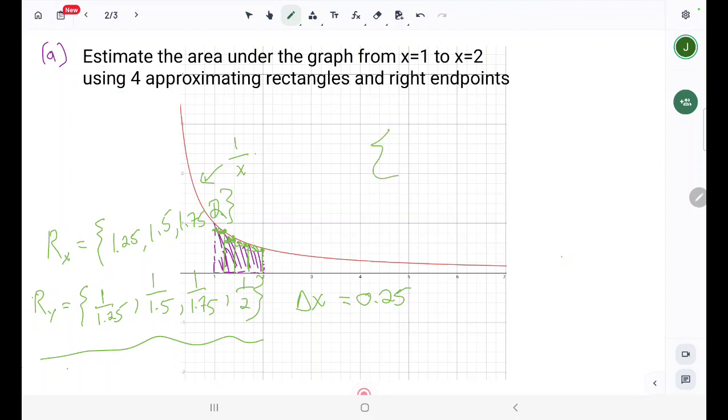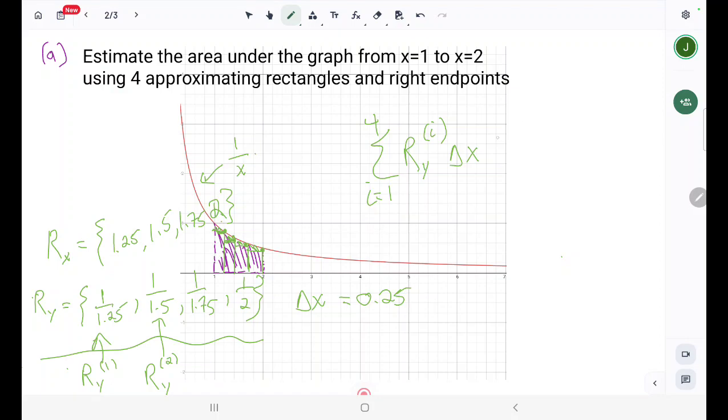We're going to sum up from i equal to 1 to 4 of r, y, i times delta x. So the first point here might be r of 1, y, and this one might be r of 2, y, and so on.